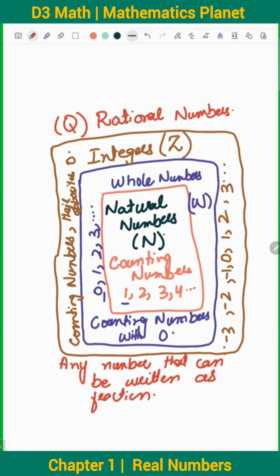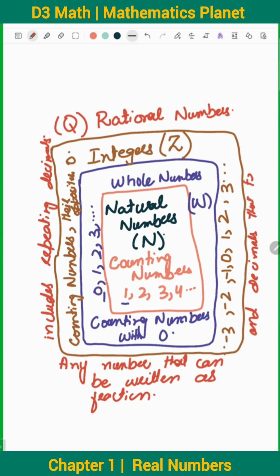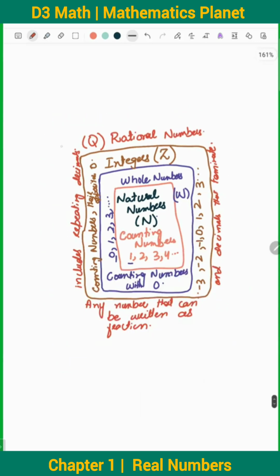Any number that can be written as a fraction is called rational number or Q. It includes all the repeating decimals, and it also includes the decimals that terminate. So all of these numbers are included in one set of numbers, and that set of numbers is called rational numbers.